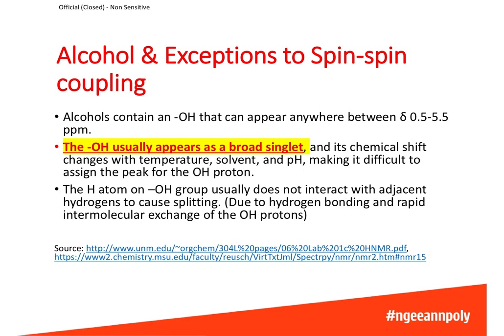The chemical shift of the OH peak can change depending on many factors. One interesting thing that we note is also that the H atom on the OH group usually does not interact with adjacent hydrogen atoms to cause any splitting. That's why we always see it as a single peak.